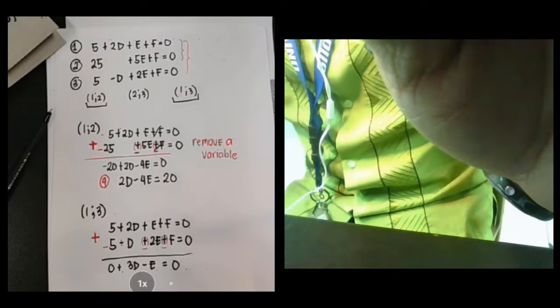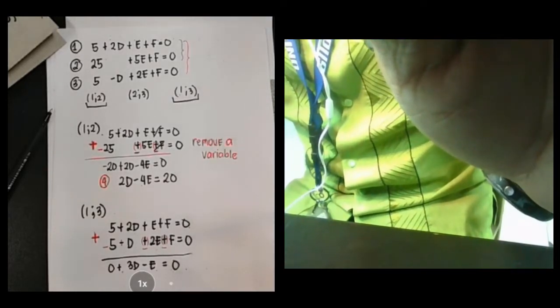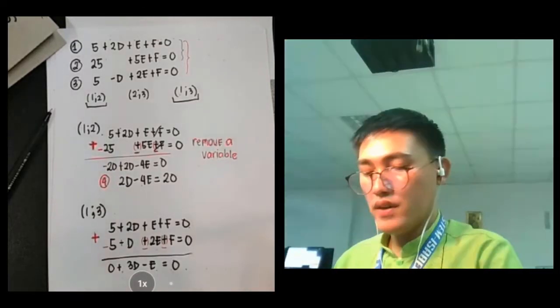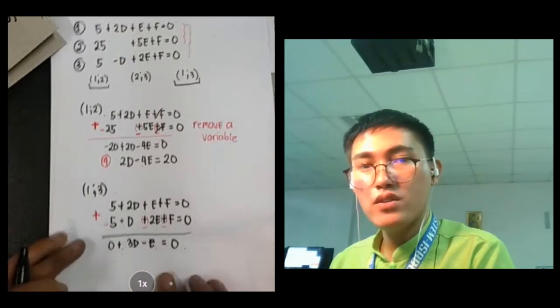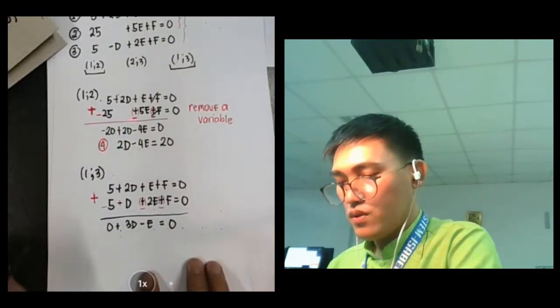So we have 0 plus 3d minus e is equal to 0. Let us clear this. 3d minus e is equal to 0 will be our equation number 5.